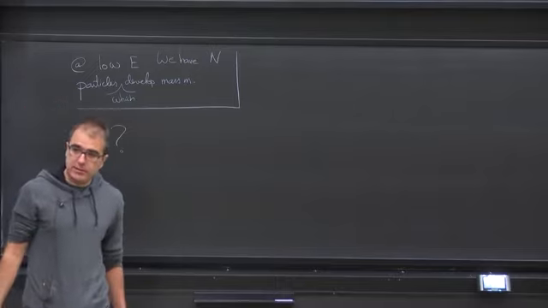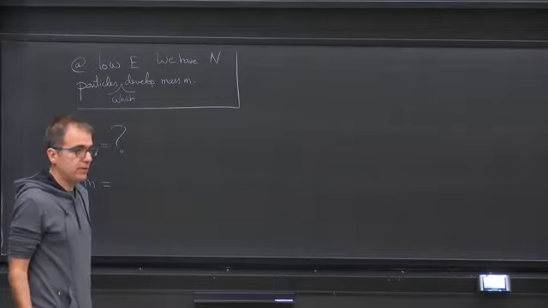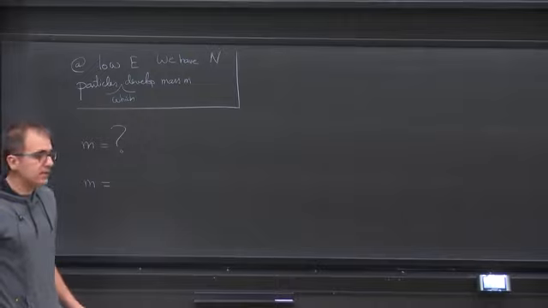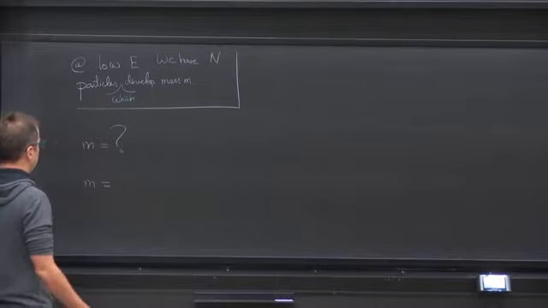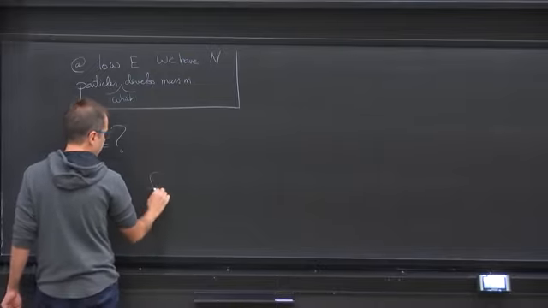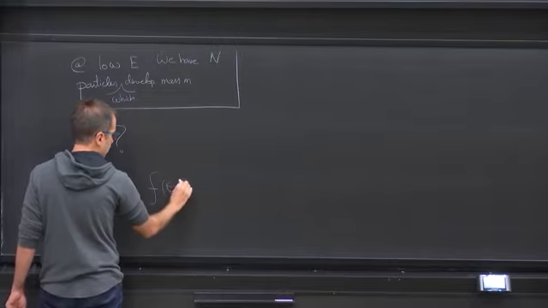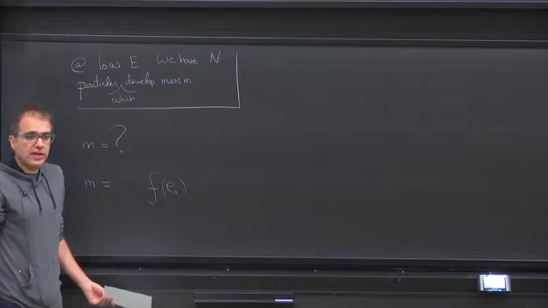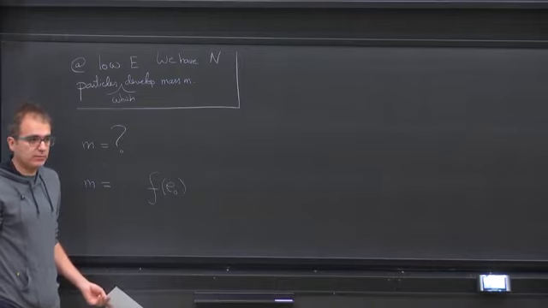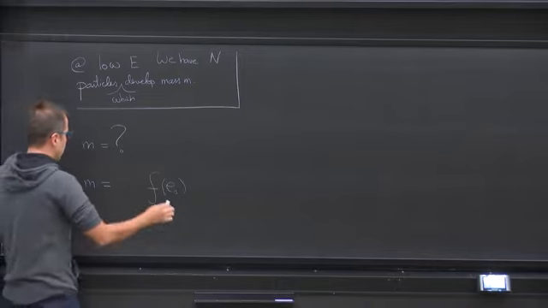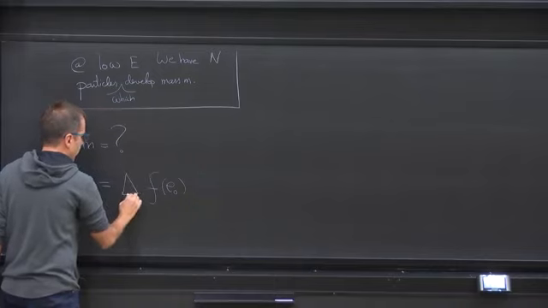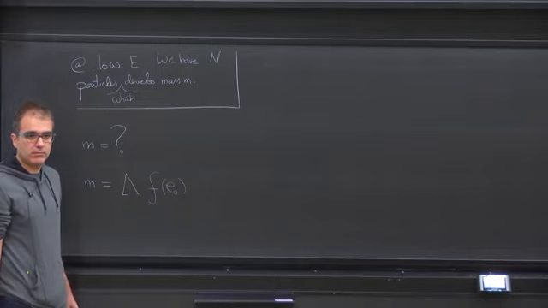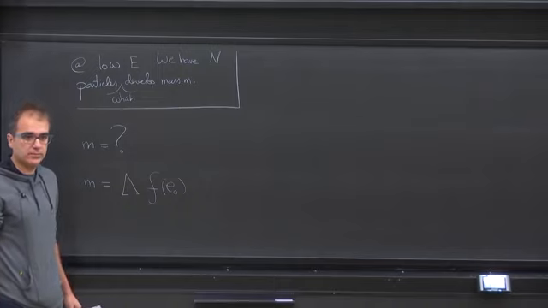If you are experimentalist A, you would say, I have my theory, I have a coupling that is dimensionless, so I could have a function of that dimensionless quantity. And the only units I have is my cutoff, lambda. So the result must be cutoff times f of E0, just by dimensional analysis.